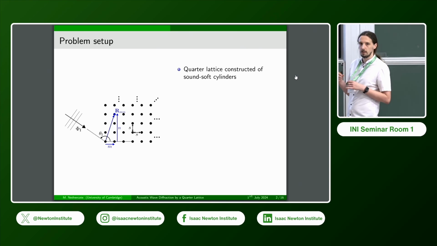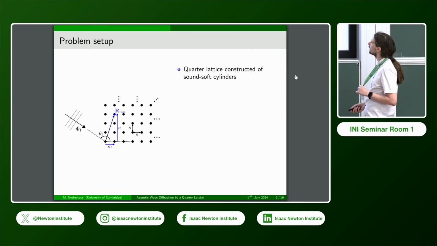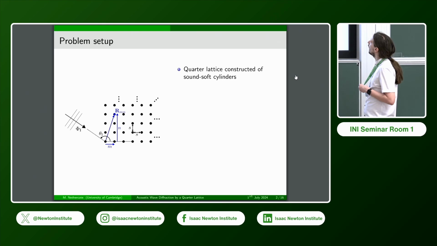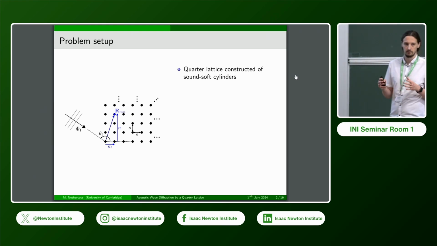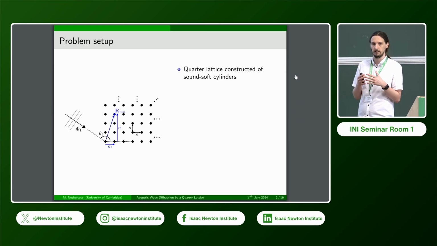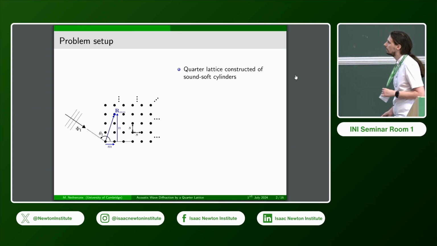So we've got a full quadrant of scatterers making a quarter lattice, so it's doubly periodic and infinite in the positive x and y directions.